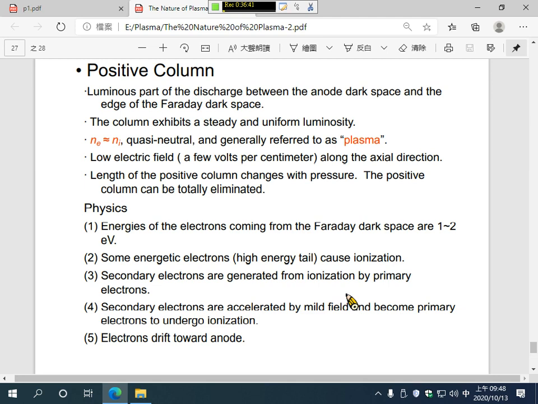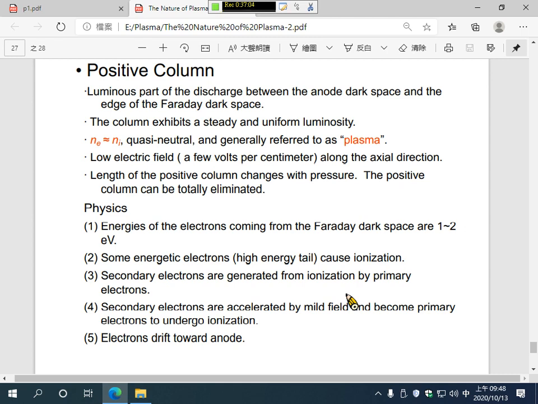But if you confine the plasma in a limited space, you will find some electrons will be lost because electrons can travel at a faster speed than cations. So the plasma is a little bit positive.